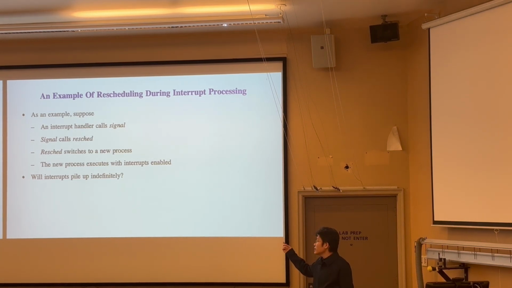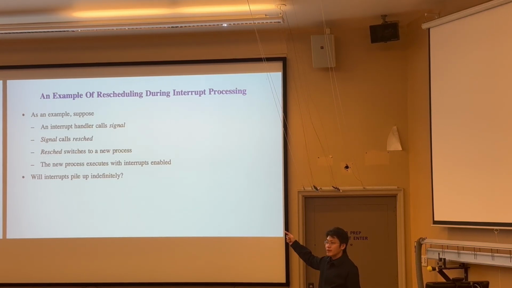Because remember, every interrupt is handled by the current running process. If a process is running this interrupt handler, it's going to disable interrupts, and even if it calls reschedule, it means that it has its interrupts disabled, and in the future, even if you switch back to this process, it has its interrupts disabled.